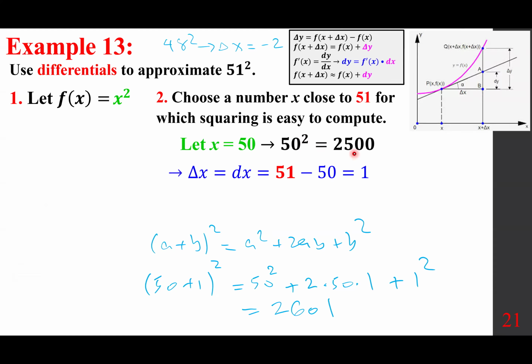In any event, so to do so, we are going to go with f of x plus delta x, which is f of x plus dy. We have f of x and dy is missing. So we find dy by differentiating. First, we get f prime of x or dy dx equals 2x, and dy is exactly the same thing times dx.